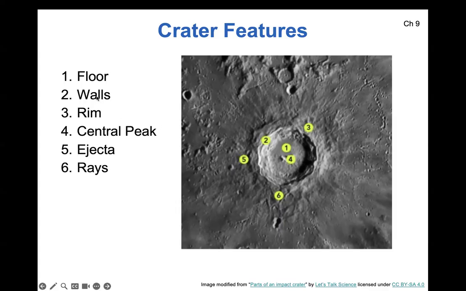Beyond the rim is the ejecta, all the material that was able to fly out, which leads to that gradual downslope. And then you have the rays that point away from the rim as well.